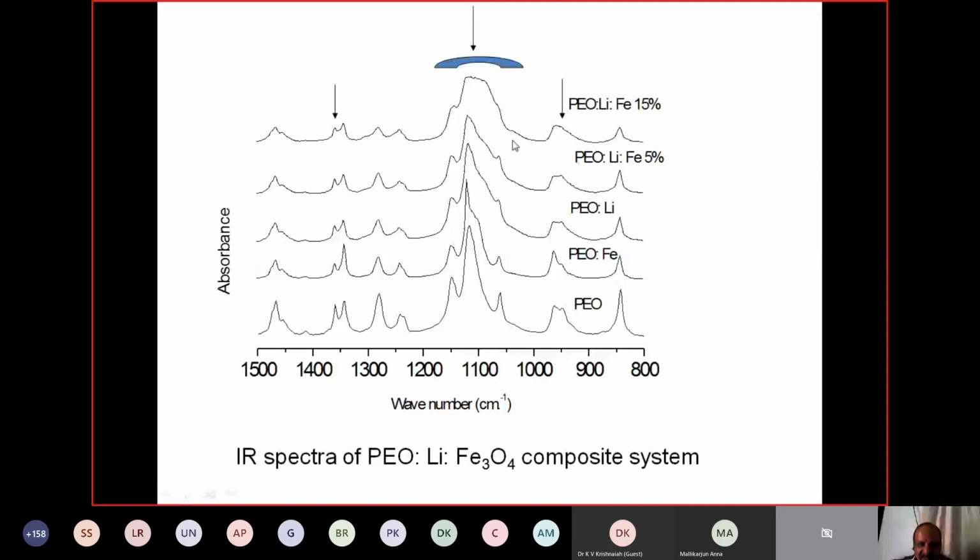Aggregation takes place when we add a higher content of the salt, but when we add the Fe3O4 nanoparticle to this, it disturbs the aggregation formation, reducing the association of salt cation and anion. It's increasing the ability to move within that.